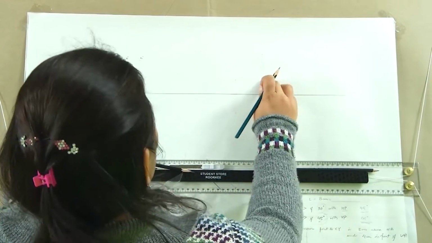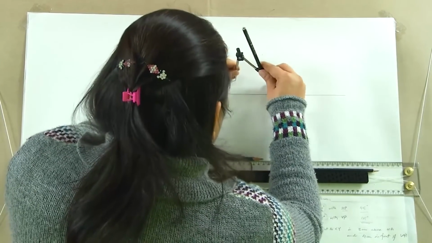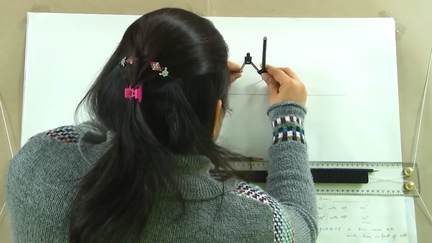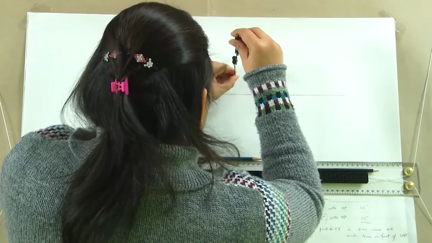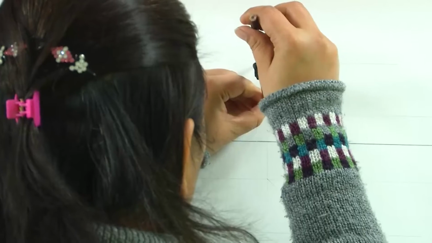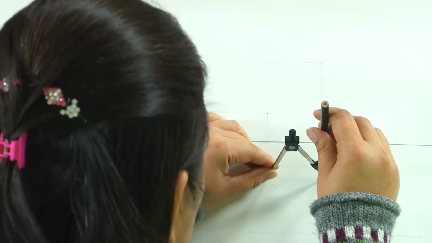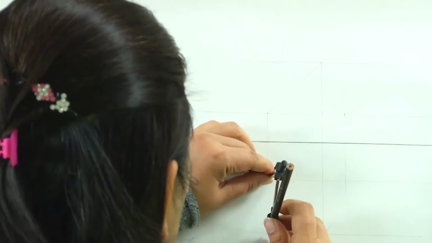So, we will take the projection of this one and then take it to the locus. Now it just touches, it does not intersect, it just touches.